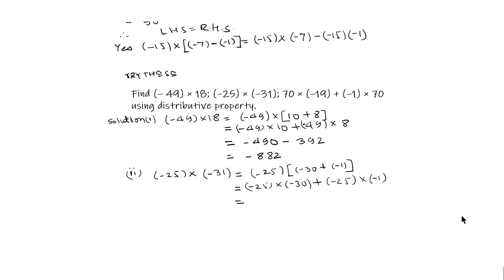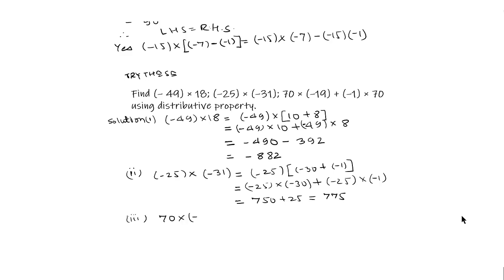Minus 25 multiplied by minus 30 gives us 750 and minus 25 multiplied by minus 1 gives us 25. So this gives us 775 and we have solved using the multiplication over addition. We are going to the third part of the question.